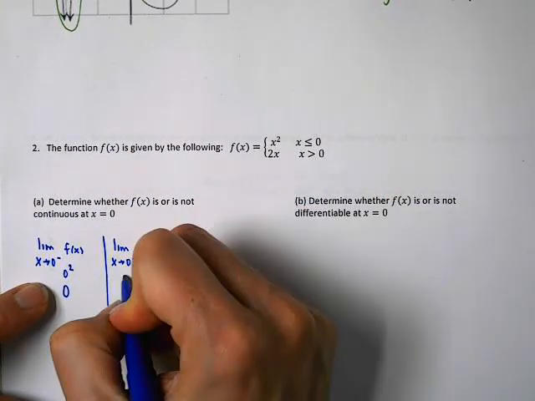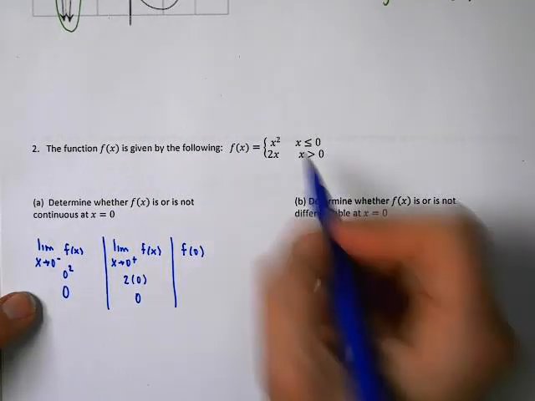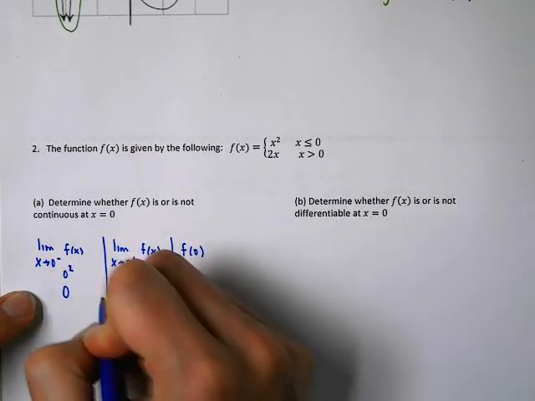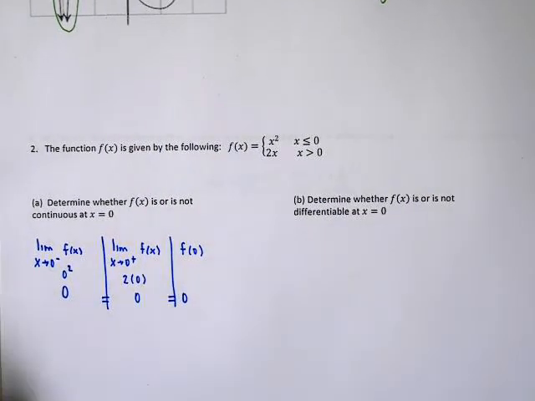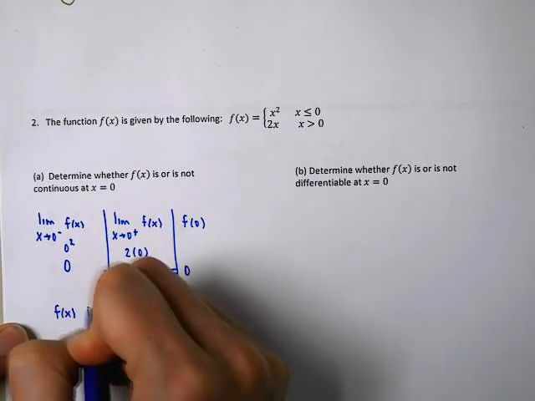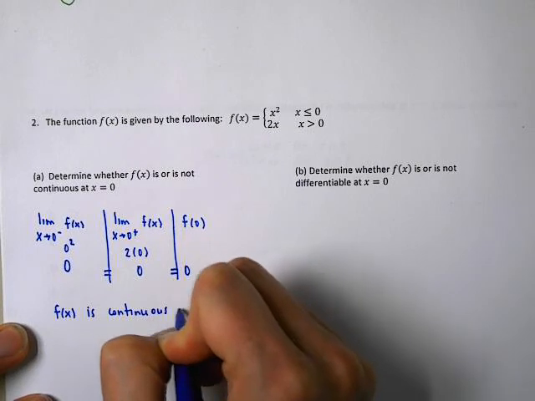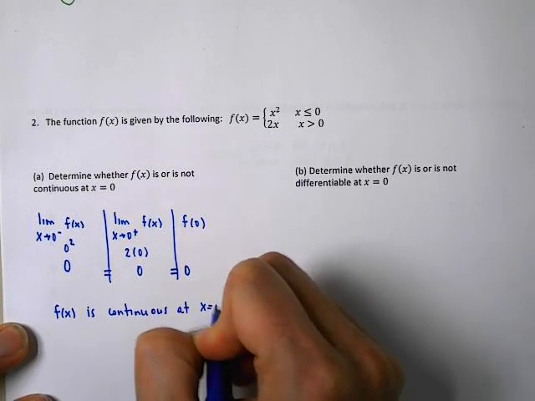On the right side, I have 2 times 0, which is also going to give me 0. And my function value is also going to be 0. So since those 3 values are all equal, we would say that f of x is continuous at x equals 0.